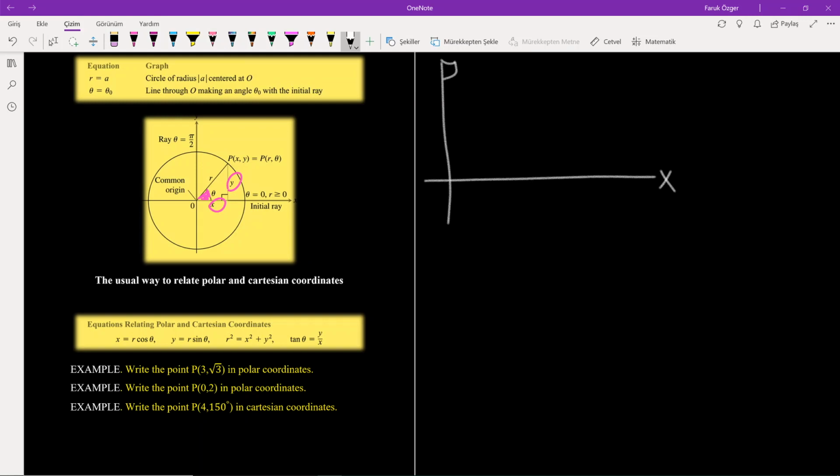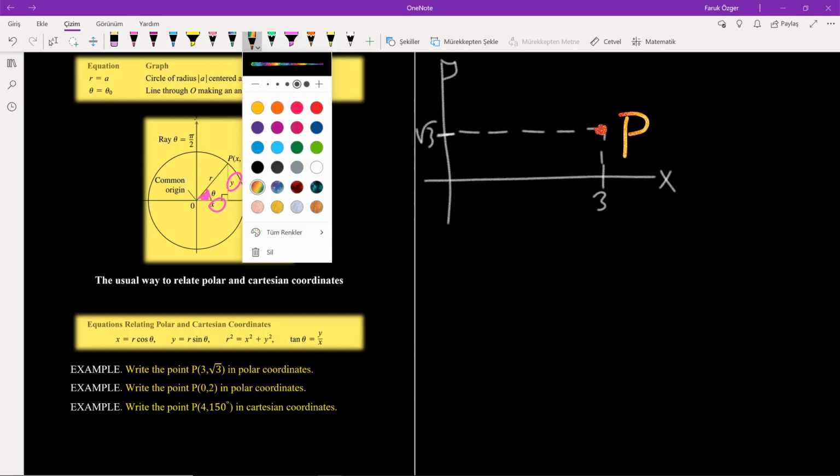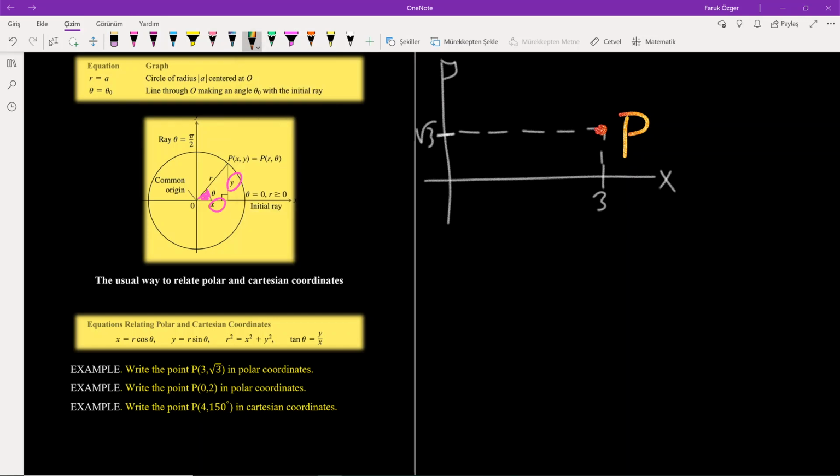So this is the point 3, and let's say this is the point square root of 3, and this is the point P. We will convert this point to polar coordinates.